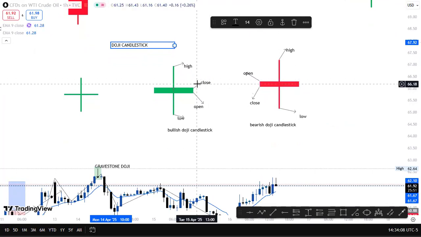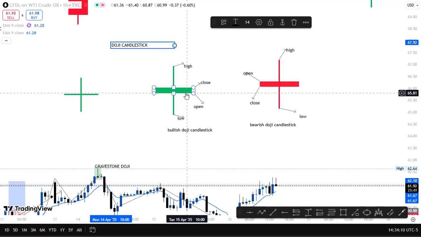So this is an example of a bullish one. When a bullish doji candlestick forms at the bottom of a downtrend, a reversal might happen in the market. Whenever this doji candlestick forms, it's telling you that there's indecision between buyers and sellers in the market.